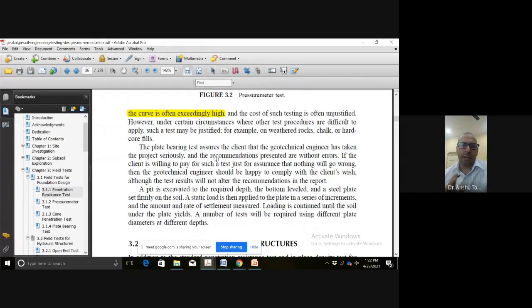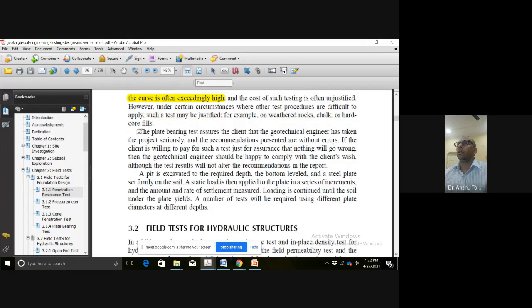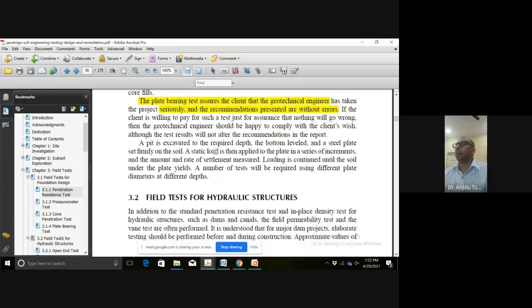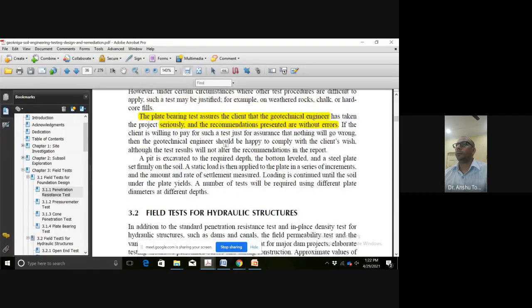After you have done the plate load test on the site, there is no requirement of any other test to confirm the bearing capacity of that soil, if your results are taken without errors. This is the procedure.